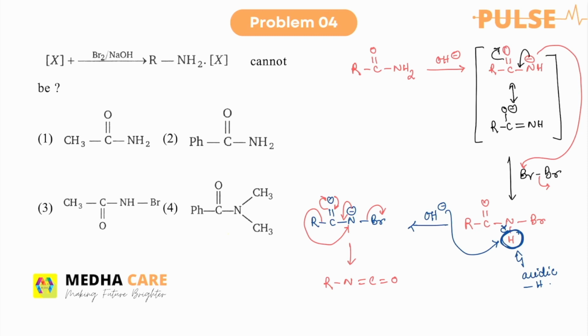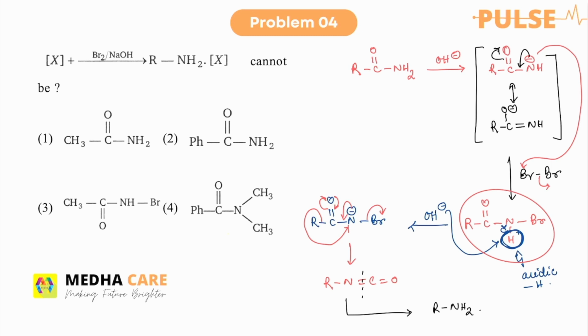After hydrolysis of this isocyanate, you will get the desired amine. That is the mechanism. So remember, you have to form this bromamide where you should have acidic hydrogen.